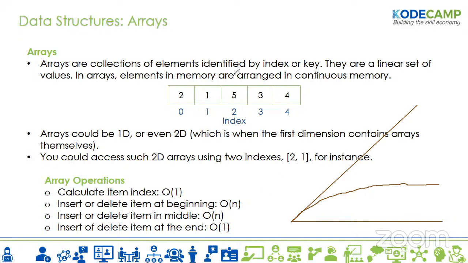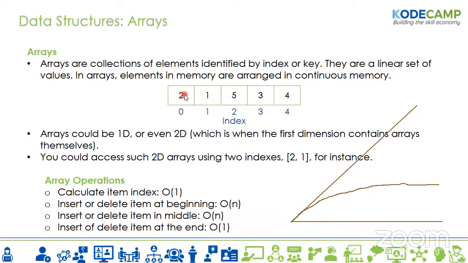So in terms of linear time, the larger the data set, the longer it is going to take for the algorithm to run. So if you have an algorithm for inserting in an array, and you want to insert something at the beginning, for instance, you have to push everything.